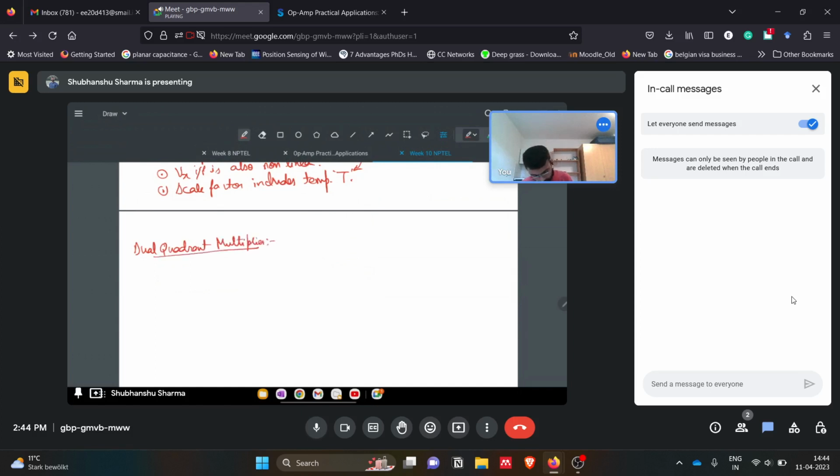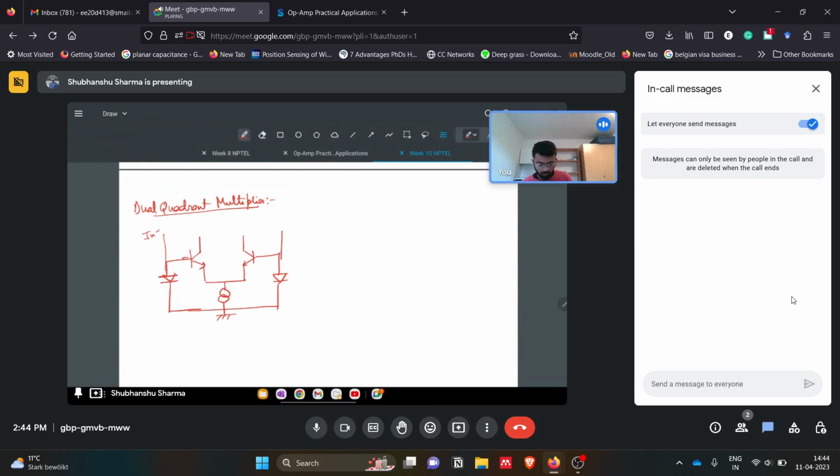In this case, he used two transistors. Okay, and then these were the two input currents, delta Ix, minus delta Ix. These were the collector currents, IC1, IC2, Q1, Q2.